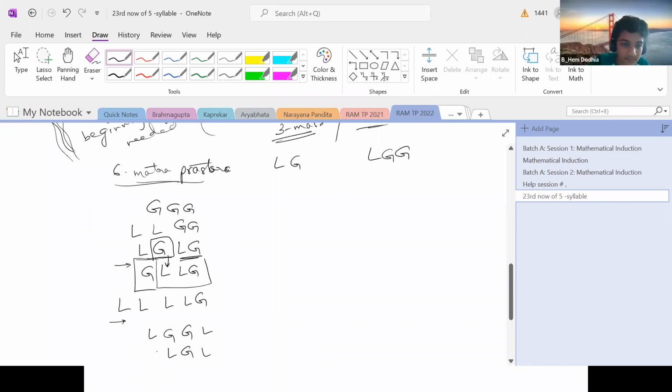We'll add 1 G. Then once more, LGL, and we need to add an L now. Then the G becomes L, so we have to write LL and 2 G's.